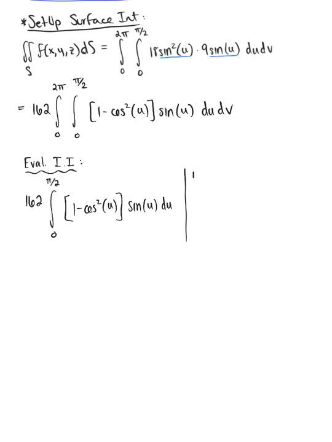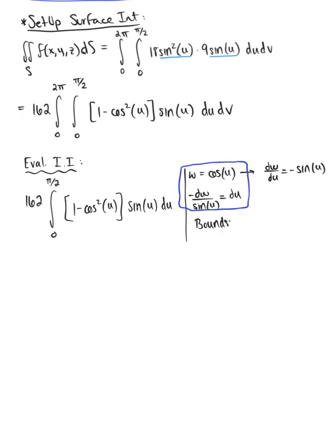And so applying a little u substitution here, I'm going to let u be cosine of u, which gives us du. Oh, too many u's, so we'll use a w substitution. So we have dw du is minus sine of u, or we can think about this as minus dw all over sine of u is equal to du, and we can plug these in to our integrand. I'm also going to go ahead and change the bounds. So our bounds here are in terms of u.